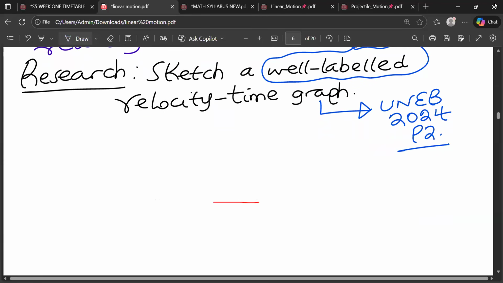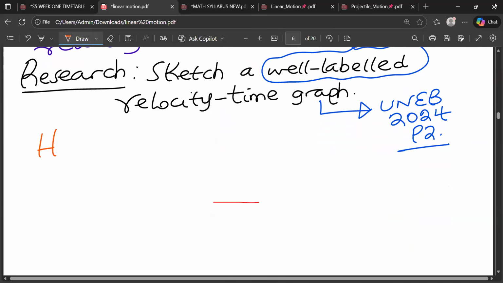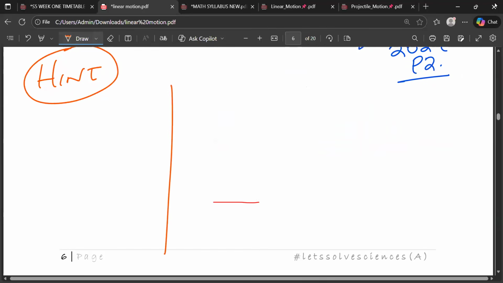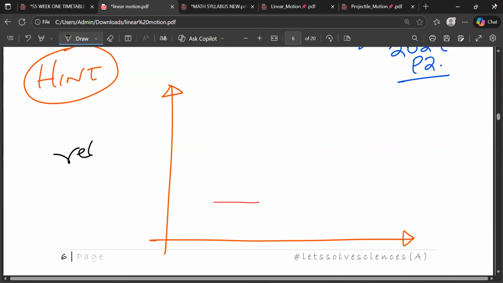Maybe to give you some sort of hint, I'm interested in the well-labeled part. I taught you under scatter diagrams, and I told you when they say velocity time, that means velocity is here, then time is here.